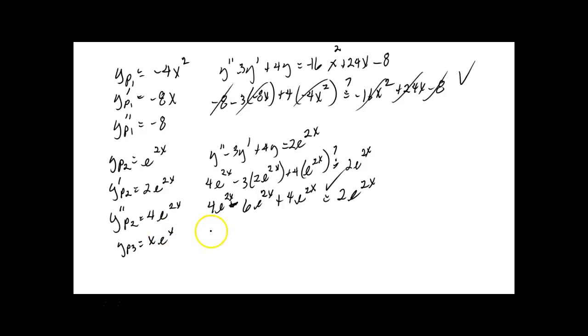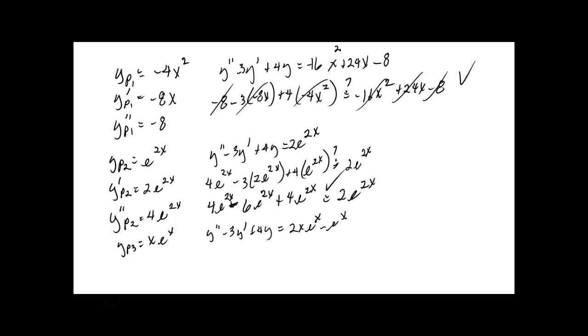And this, they claim, is a particular solution for y double prime minus 3y prime plus 4y, same homogeneous part, but the g part is 2x e to the x minus e to the x. My pen gets slowed down for some reason. I guess I got too much on the screen. Well, guess what we've got to do? Take some derivatives. I'm running out of room down here.